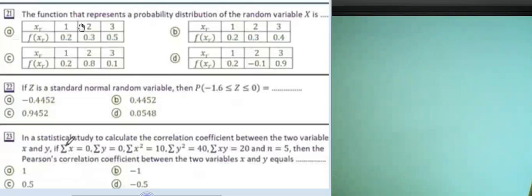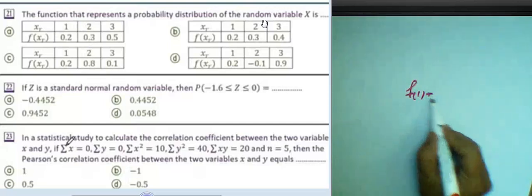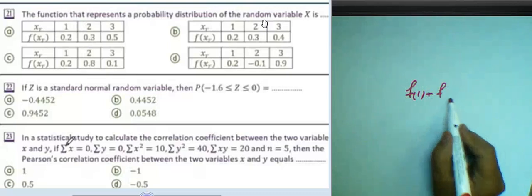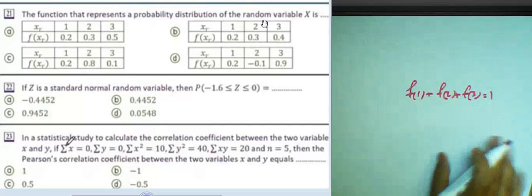Question 21. The function that represents the probability distribution of the random variable x equals what? Look here, a probability distribution of a random variable means probability of 1 plus probability of 2 plus probability of 3 must equal 1.